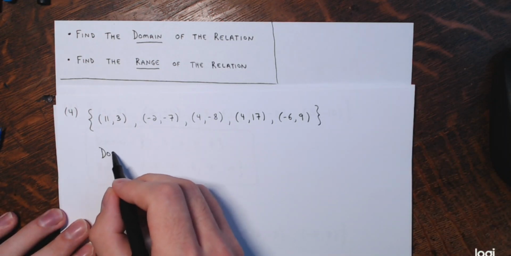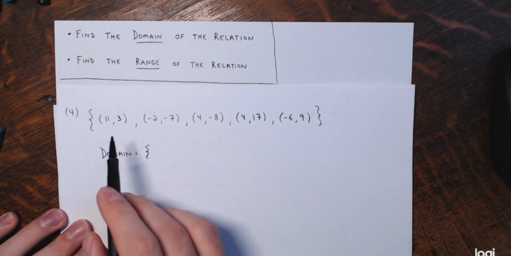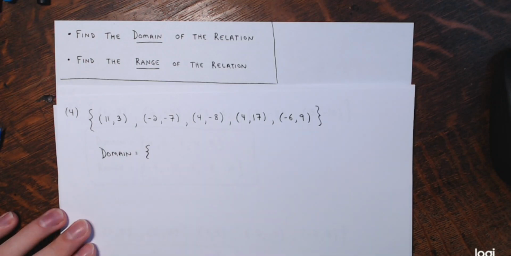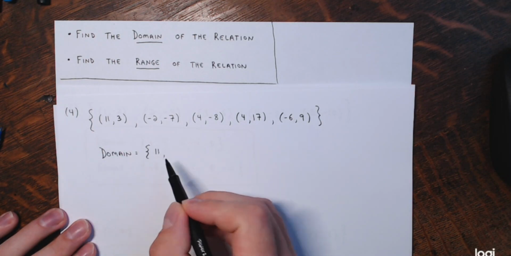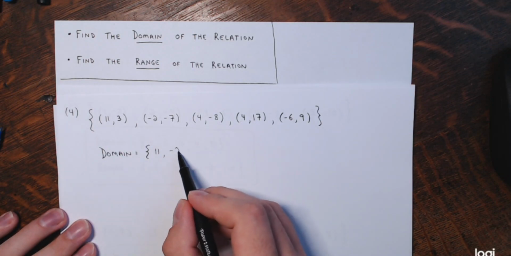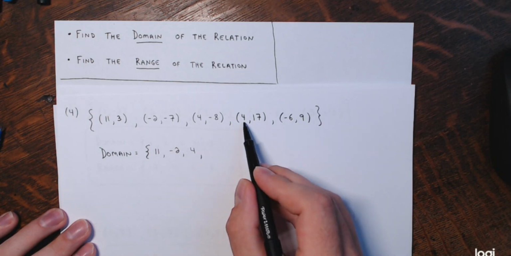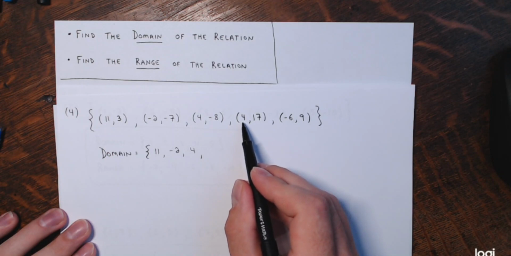The domain is the set with the x coordinates in it, right? All the first coordinates, and just don't repeat anything though. So 11 is in the domain, -2 is in the domain, 4 is in the domain. Now I've already written 4, so I don't need to write 4 again.